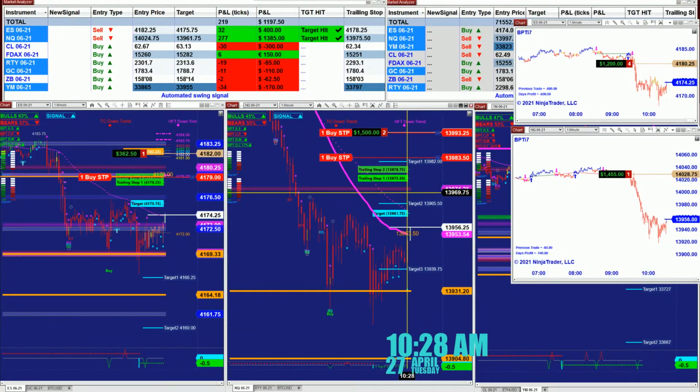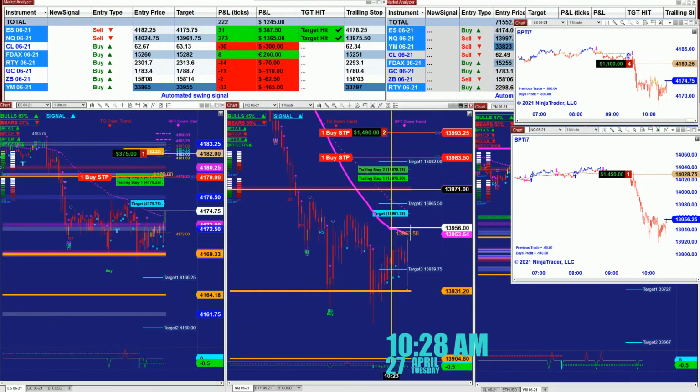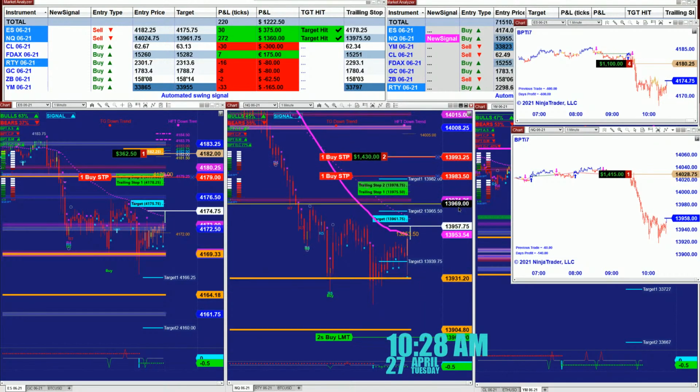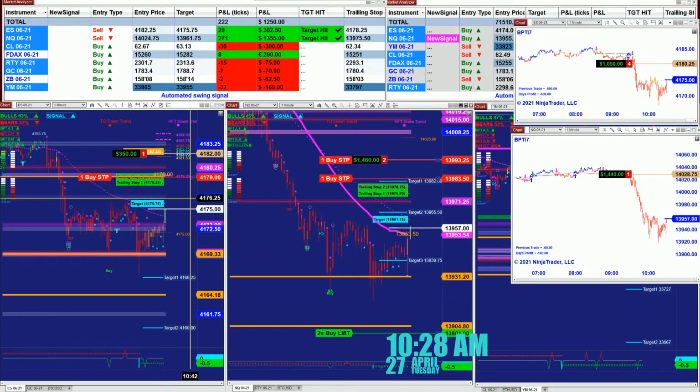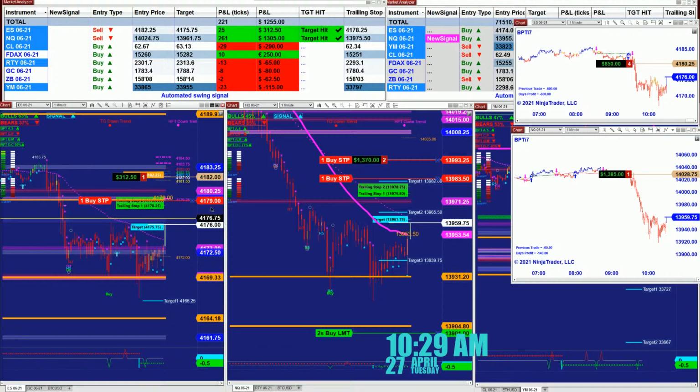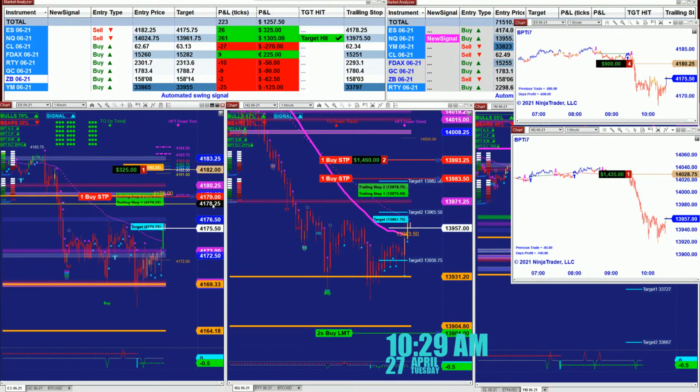I might take it as a re-entry from 13.97, but I will not take it from here because of the ES. The ES is climbing to flirt with 41.76, and if I see the market go above 41.76, I'm closing all the auto trades on the ES and the Nasdaq, and there we go.